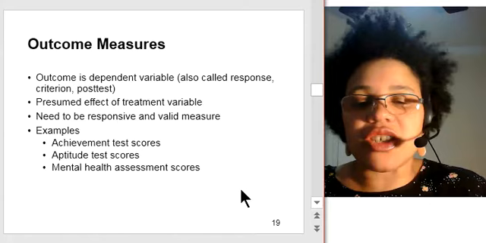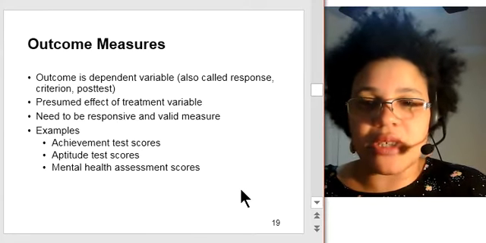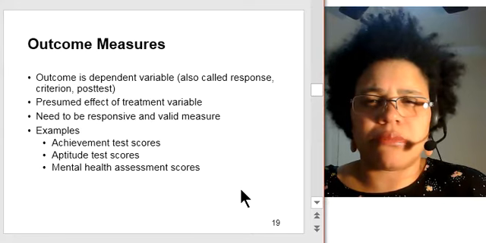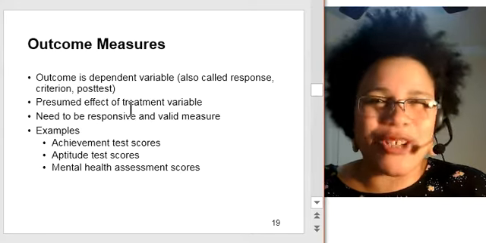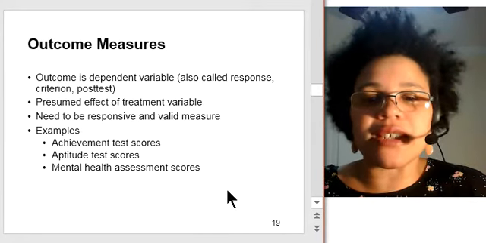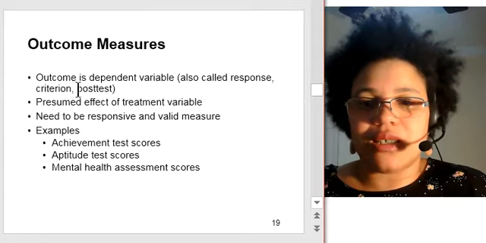Okay, outcome measures. The outcome is the dependent variable, the response, the criterion, the post-test. Let's stick to those. They're the presumed effect of the treatment variable.